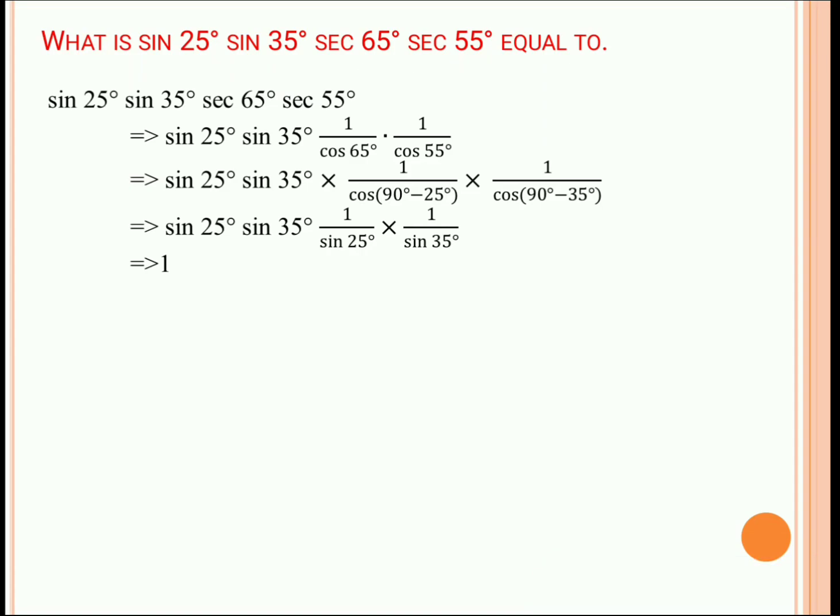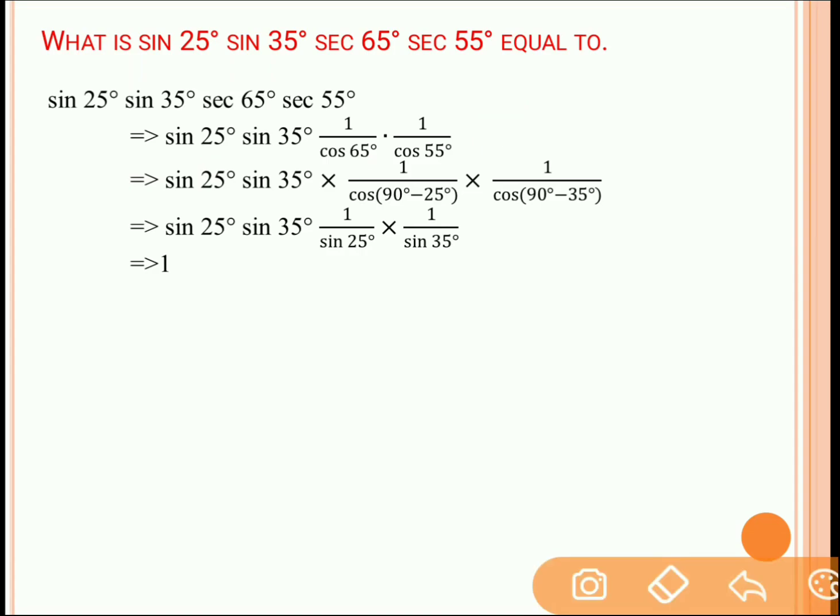Now, let's proceed further. Sec 65 can be written as 1 by cos 65, and sec 55 can be written as 1 by cos 55. After this step, we can use the complementary functions, that is sin 25 and cos 65. The addition of 25 and 65 is 90 degrees, so they are complementary angles.